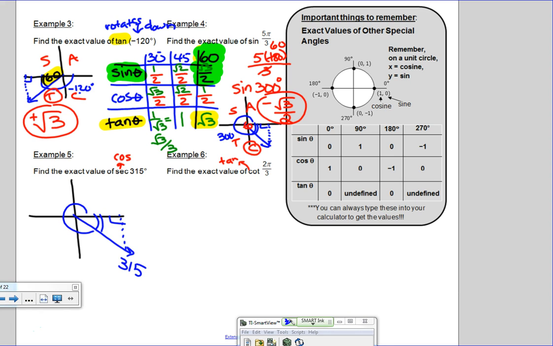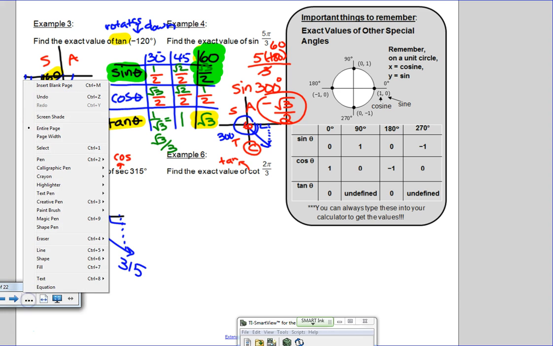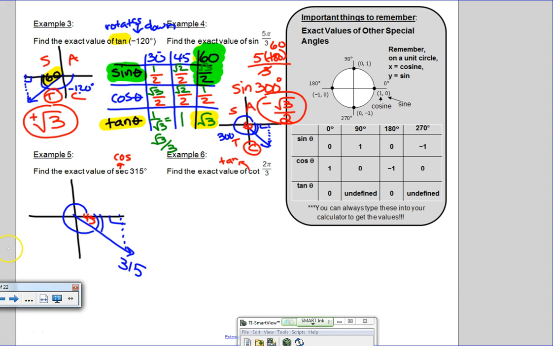But if that's 315, then this has to be 45 because 315 and 45 make a complete circle of 360 degrees. Okay, so now I know to look at my table. I'm really looking for cosine then of 45. So cosine of 45 is radical 2 over 2.